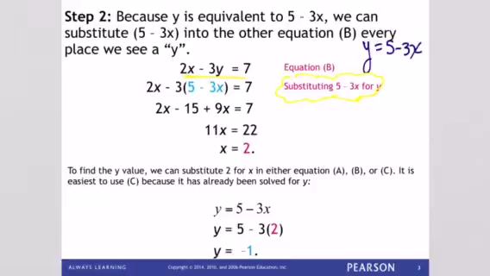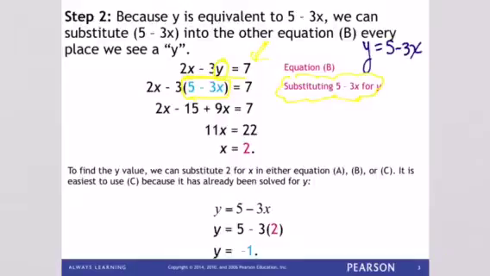We need to have only one variable in an equation. We can't solve an equation that has two variables in it. We can't solve this equation right here because it has both an x and a y. So what we want to do is get only one variable, and this method allows us to do that. Notice that what they did here was they replaced this y with the thing that y is equal to, which is 5 minus 3x.